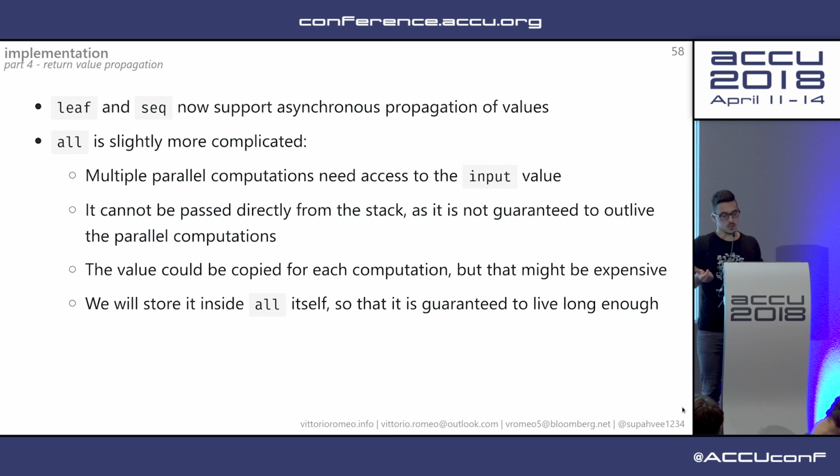So what you could do is either copy the value on each computation and give every thread its own copy, but that might be expensive depending on the type of the value. Or, we have this shared state inside the all node itself, so we can just store the value inside the all node itself and give a reference to that value to every computation. And this is what we're going to do in this implementation.